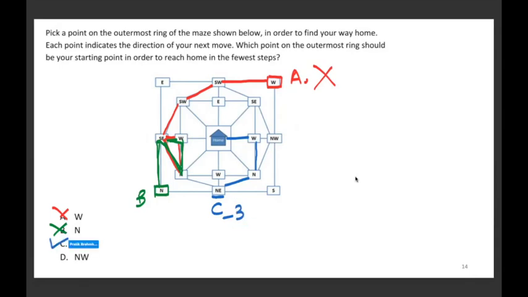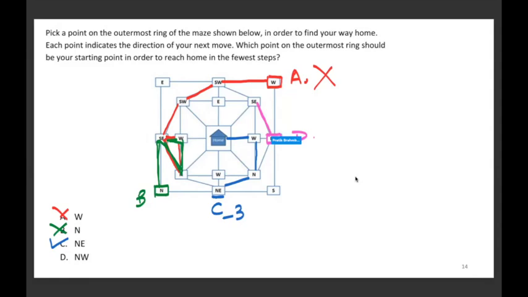Let's check D now. D says northwest. Northwest is located here. Northwest means I go here. From there, it says southeast.